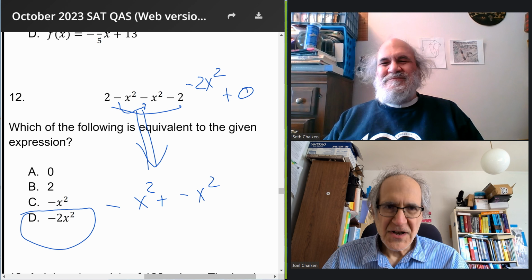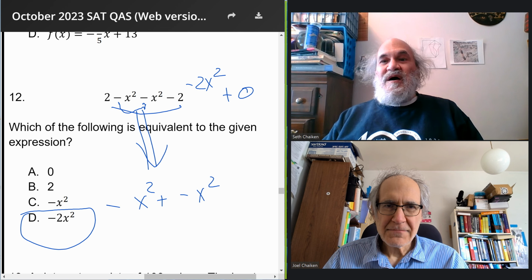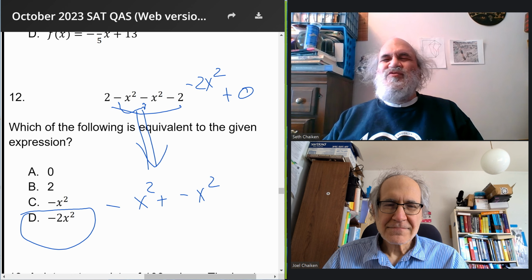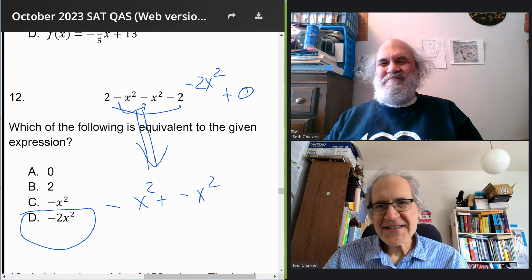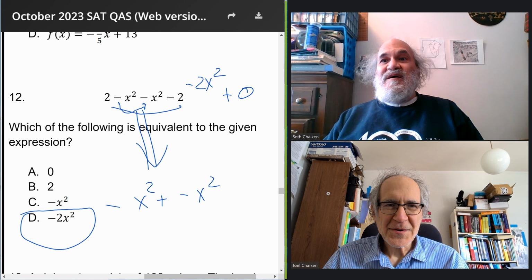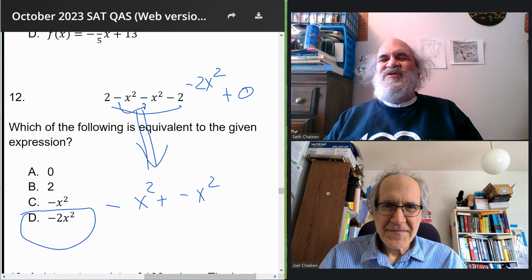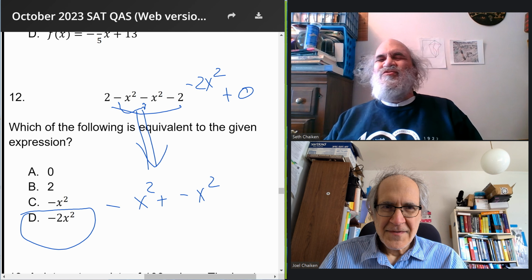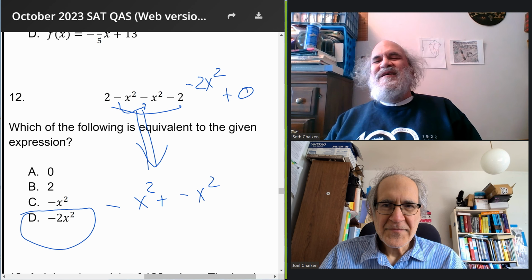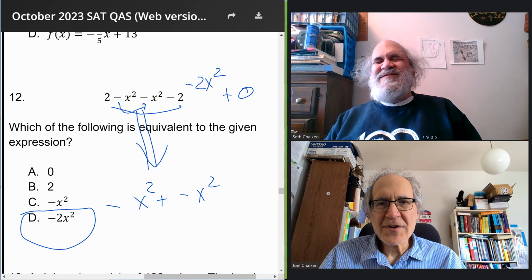But then the problem is what happens if you see some math and you don't remember a rule that applies. Well, in the SAT, you skip that question. So in the SAT, you have to guess that you don't know the rule. You have to try to either remember it or it's a cycle.